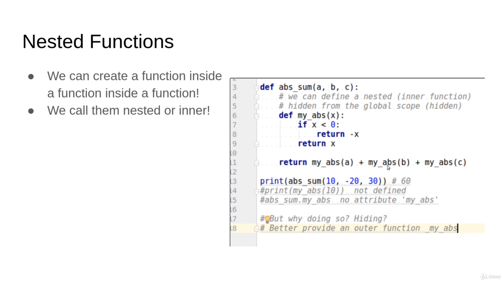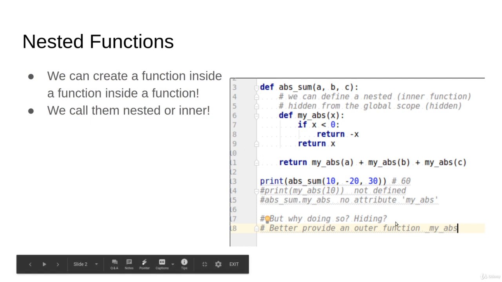Now I can use it very normally, and here I can call it. Observe the following: if you try to call this function from outside, it will not work. If you try to directly access it through this function, it also will not work. So why might we think about creating a function this way? You might think, okay, let's hide it.